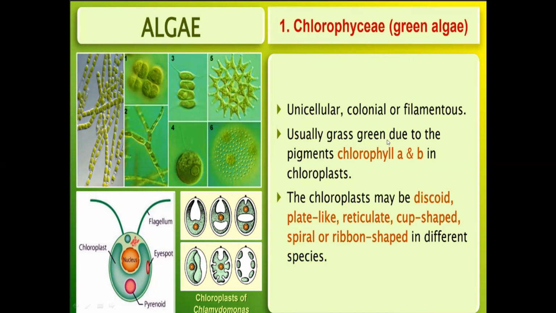Usually grass is green due to the presence of chlorophyll a and b in chloroplast. The grass is green due to the presence of this pigment, chlorophyll a and chlorophyll b. So they have chloroplast.